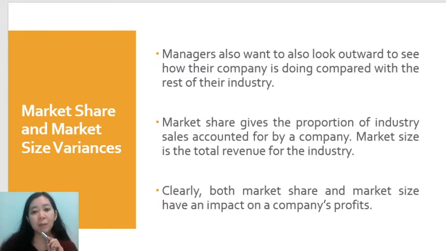Again, when you say market share, this is the percentage share of the company in comparison with the other competitors in the same industry. Market size is the total revenue for the industry, so how much of that accounts for the enterprise.